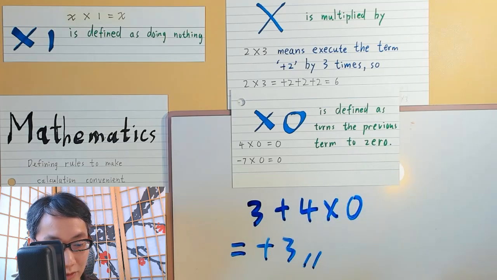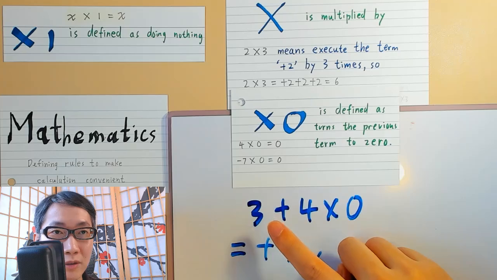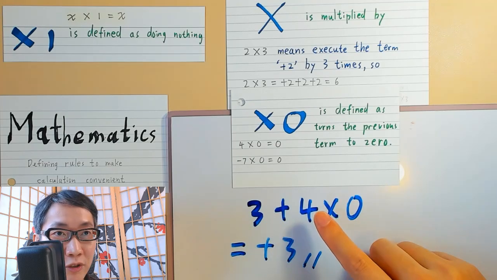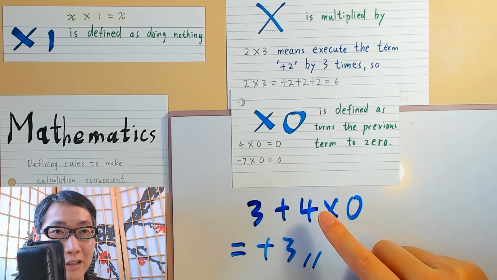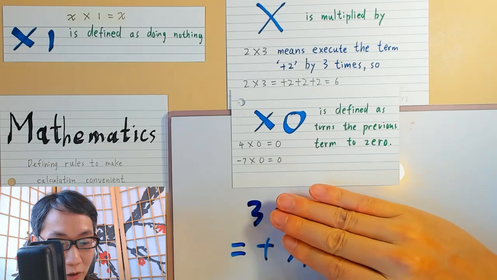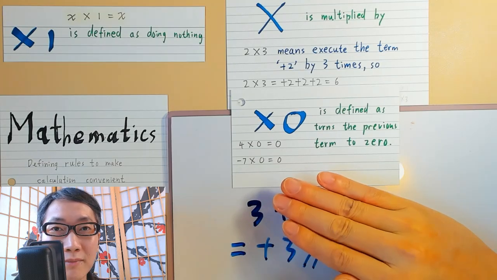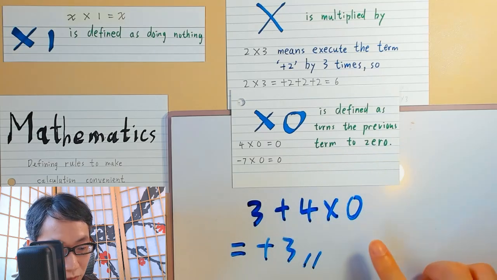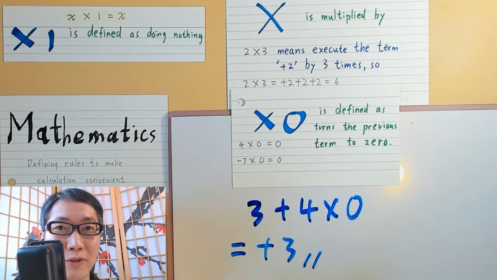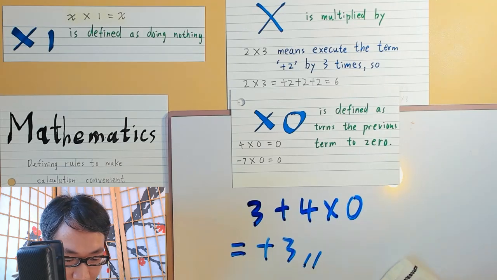The other day, I buy 3 apples, and I try to buy 4 oranges, but there's none in the supermarket. So I only get my 3 apples. So I have 3 fruits. This is why we do multiplication first.